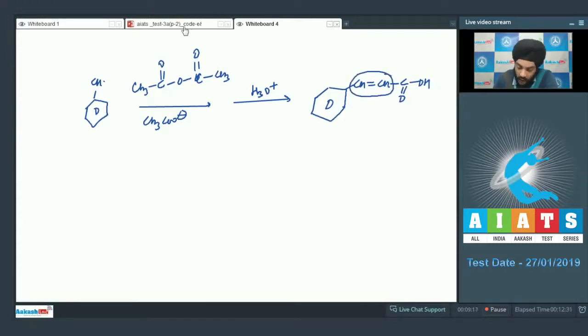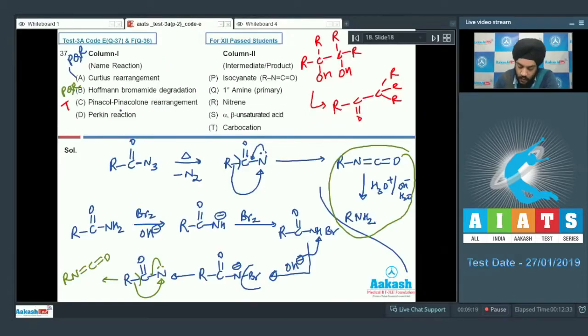So if we look at the options which are given to us, D will be matched with only S, which is the alpha beta unsaturated acid. Other intermediates or products are not formed in this reaction. So students, the correct matching with option D is option S. So this is the correct matching for question number 37. Let us look at the next section, students.